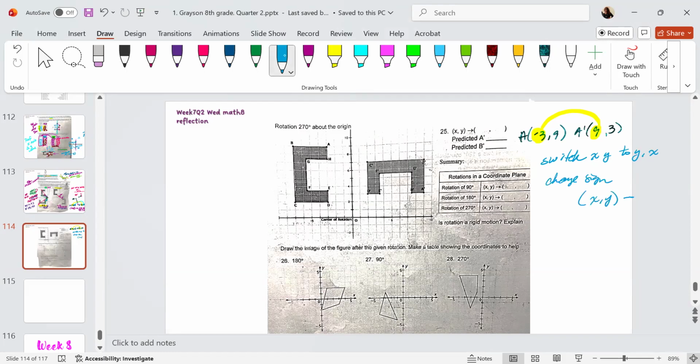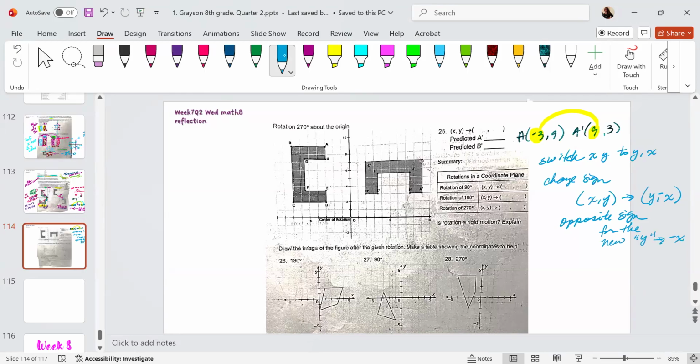If XY becomes YX, then the sign changes on the new Y, which is -X. Does that make sense? Okay, so then your equation is going to be Y comma -X. Does that make sense? Yeah.